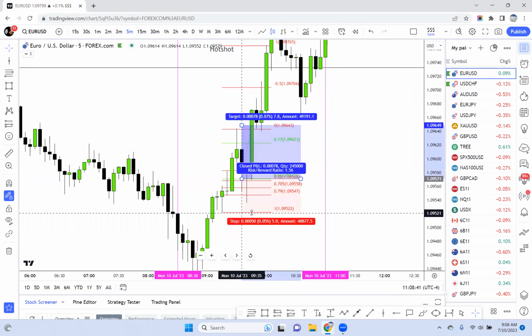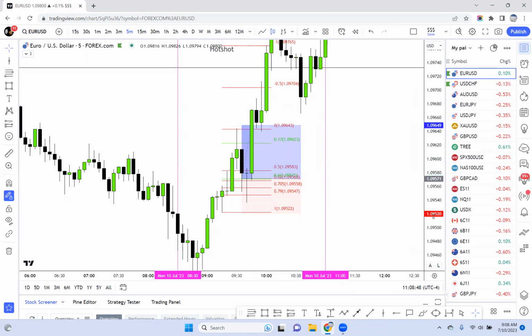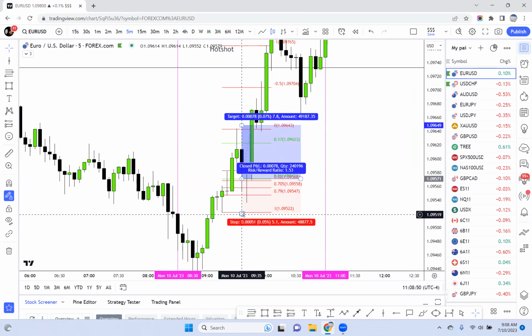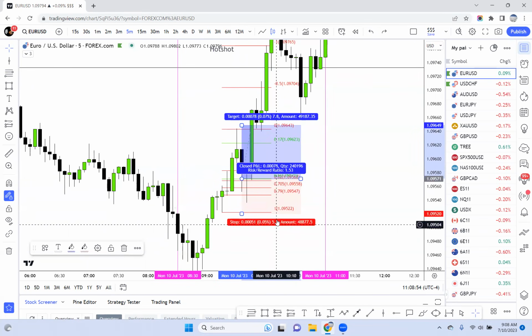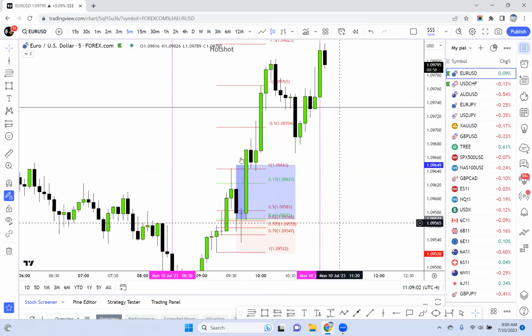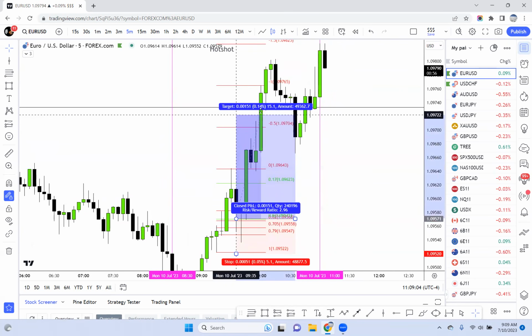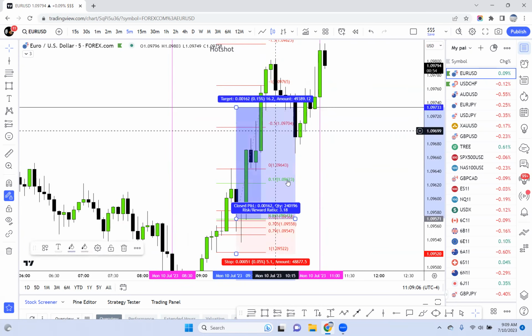Stop loss went below the next institutional level, which would be 9520. I think we actually had it, no, we had it at 9520 because it was a 5-pip stop, and then we added 5 pips for spread reasons. So we incorporated a 10-pip stop loss, if you will. And then we're targeting the previous day's highs.